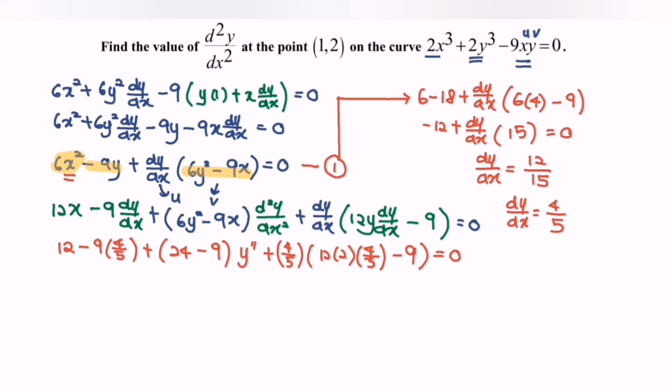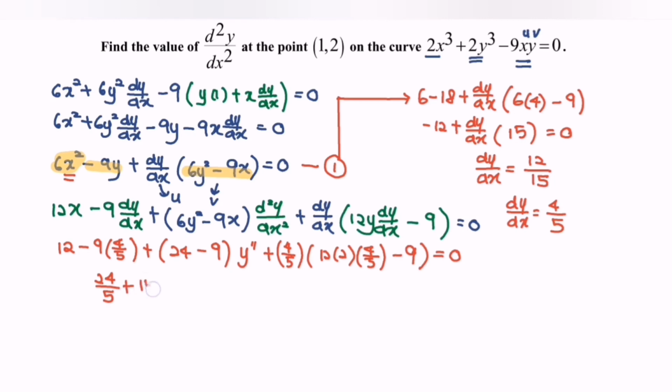So now we have 12 minus 9 bracket 4 over 5. So 4 multiplied by 9 divided by 5. So 12 minus, we will have 24 over 5.